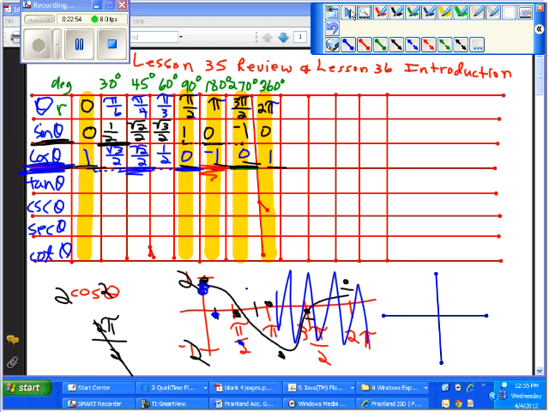Boom. 1, 0, negative 1, 0, positive 1. 1, 0, negative 1, 0, positive 1. The whole thing happened in pi instead of 2 pi. We're still using the 1, 0, negative 1, 0, 1. We're still making 4 marks. Okay? You understand that? All right.